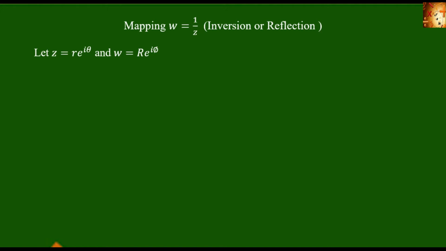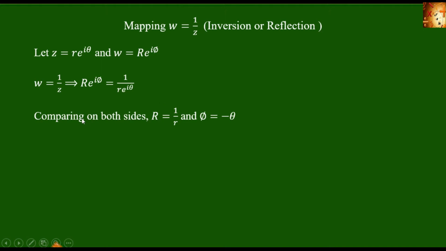So Z equal to small r e raised to i theta, which means radius small r and angle theta, and W equal to capital R e raised to i phi means the radius capital R and angle phi. Then W equal to 1 by Z implies capital R e raised to i phi equal to 1 by r e raised to i theta.